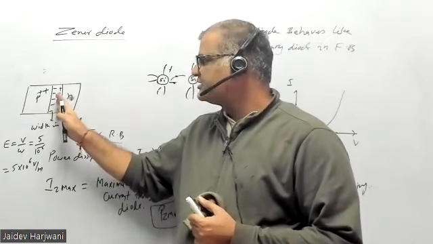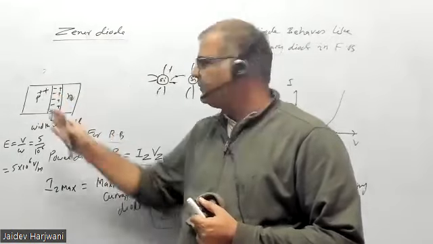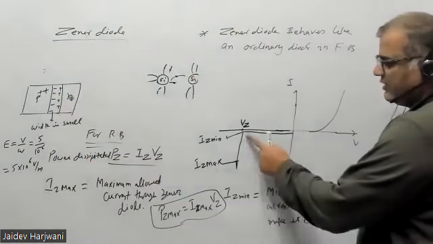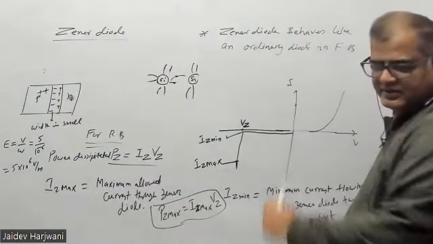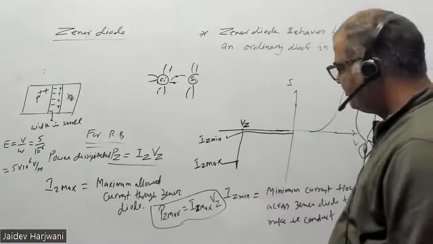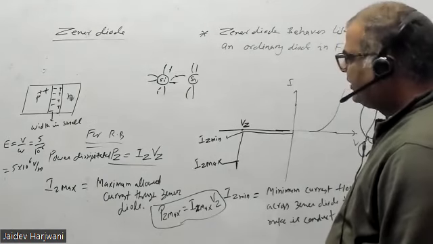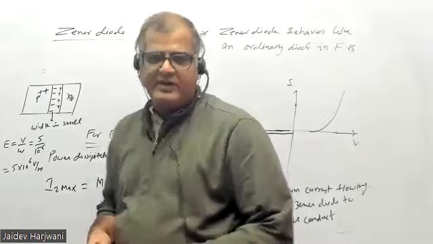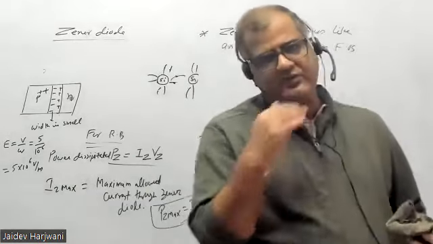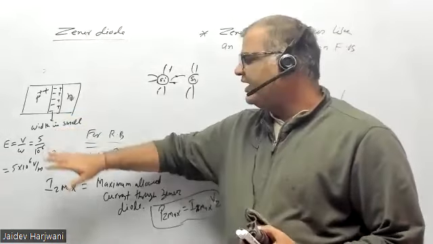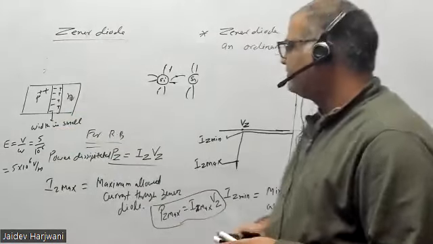So many charge carriers are produced, and they get swept away to the outer terminals, and you start getting a very high amount of current. That is the working mechanism of Zener breakdown. Avalanche breakdown is a slightly different mechanism compared to this Zener breakdown. In Zener breakdown, the field itself does the work.